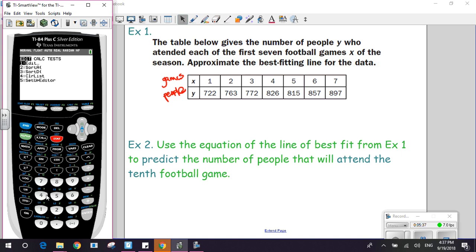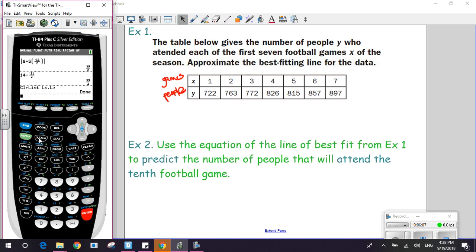So you would hit 4 for clear list, and then hit second 1 for list 1, comma, and then second 2 for list 2, and then hit enter. When it says done, that lets you know that you have an empty spreadsheet to start with.